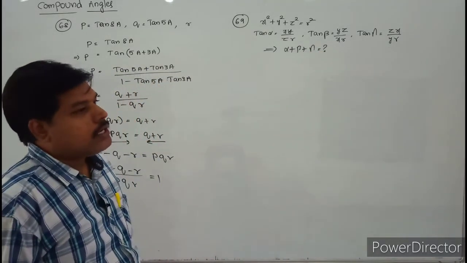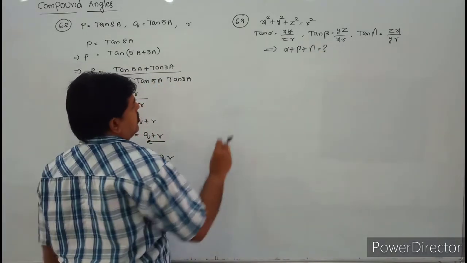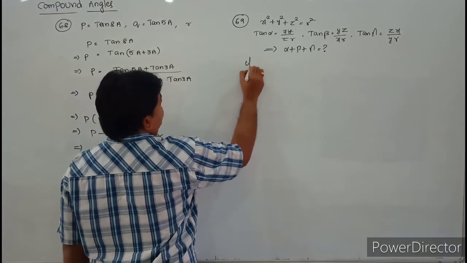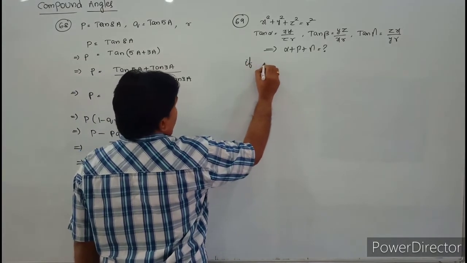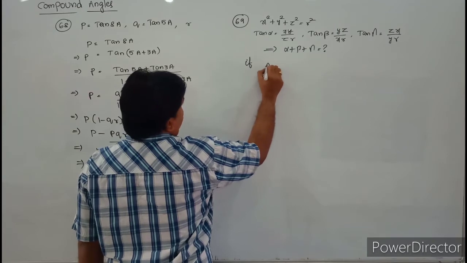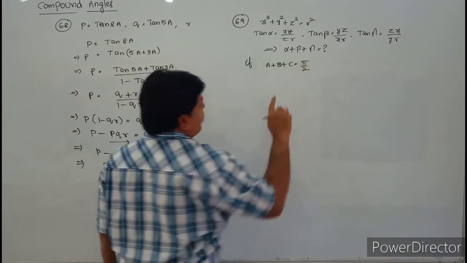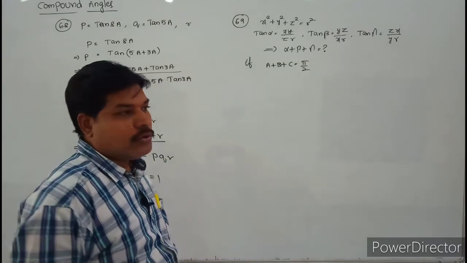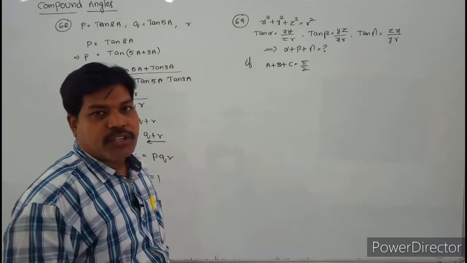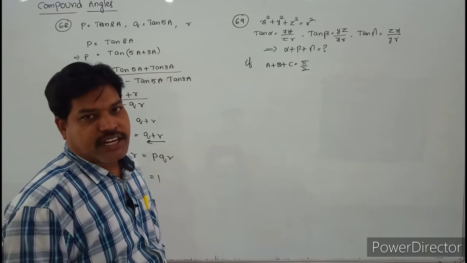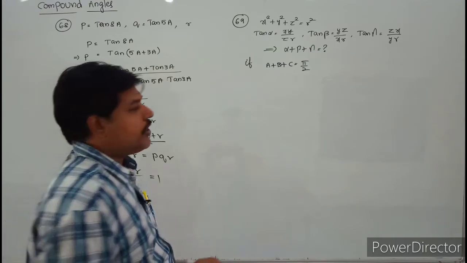Okay. So here you have to observe that if a plus b plus c is equal to pi by 2, we know one formula. We already proved that in the previous class. So check the condition. In the previous class we completed this question.